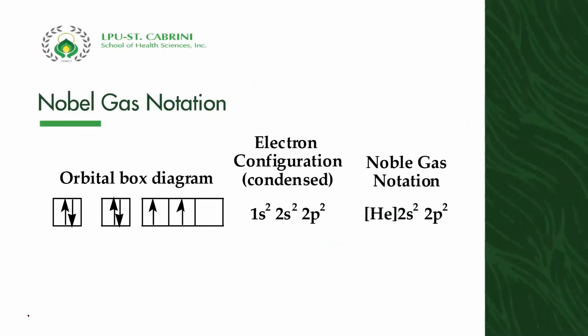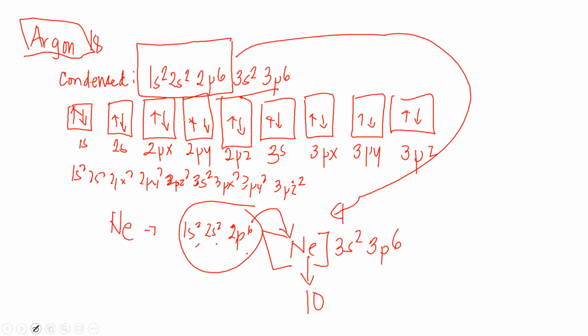Another example for those who are still confused. We have here fluorine, 9. So 1s2, 2s2, 2p what? 2p5. So 5, 6, 7, 8, 9.